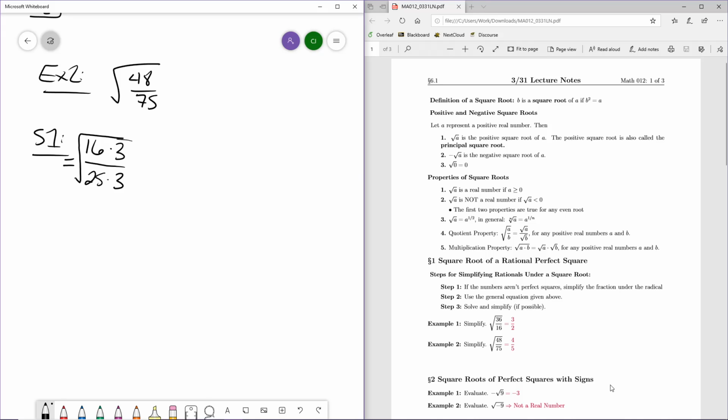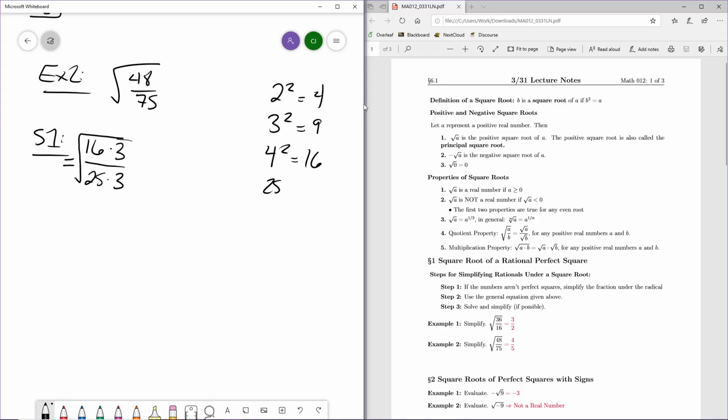Before I continue, how did I do that? One thing I highly recommend for squares, cubes, fourth roots, fifth roots is to always have a table. Starting at 2, because 1 squared, 1 to the 100th, 1 to whatever, is always going to be 1, so it's not going to help us. So let's start at 2. 2 squared is 4. 3 squared is 9. 4 squared is 16.